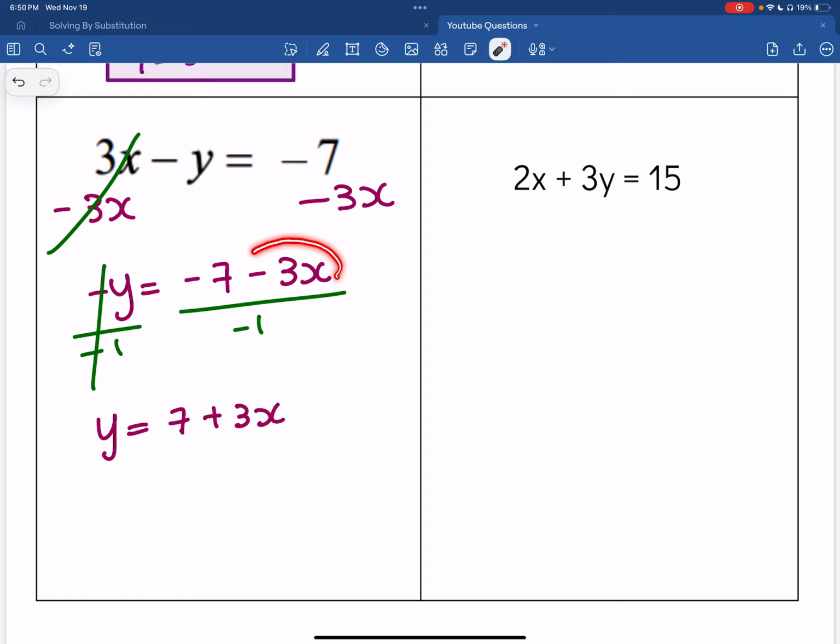And -3x divided by -1 is +3x. And our last step to put this completely in slope-intercept form is to just rewrite the equation with the slope first. So we'll have y is equal to 3x plus 7.